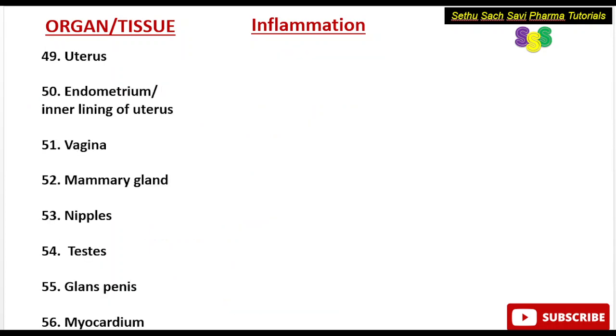Now coming to the next inflammation, inflammation of uterus is called metritis. Metritis is the inflammation of uterus. Now if the inflammation happens in the inner lining of uterus, the endometrium, it is called endometritis.